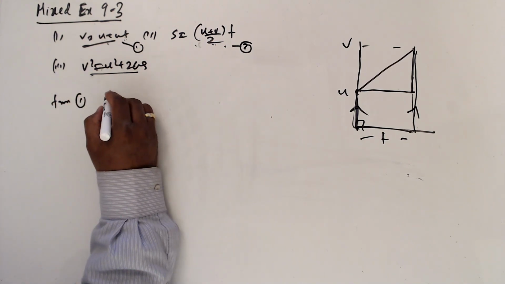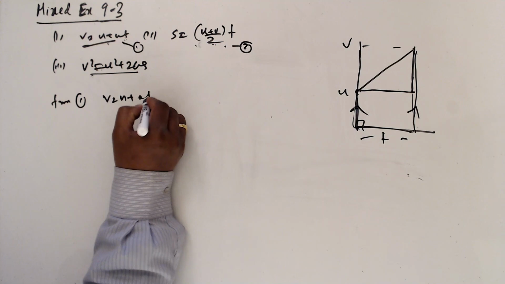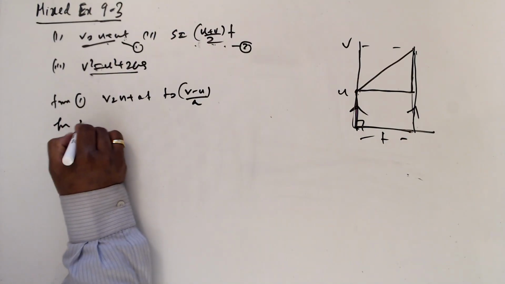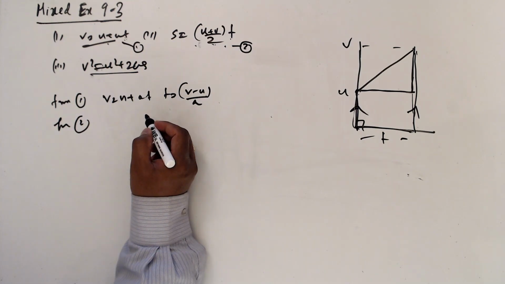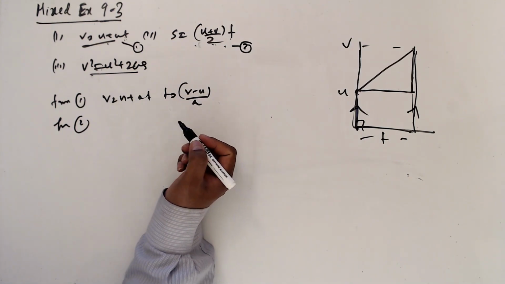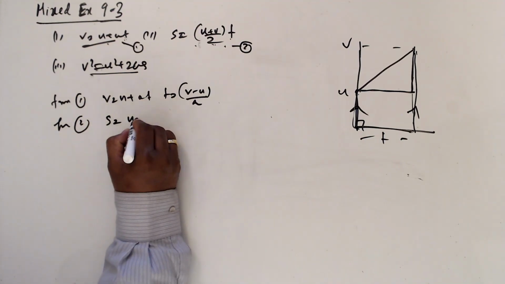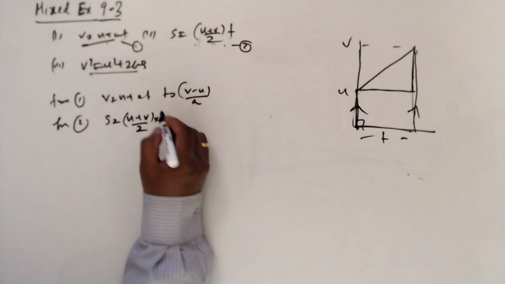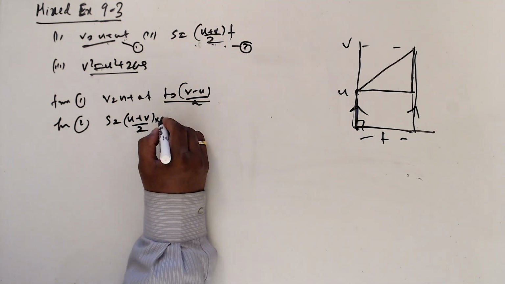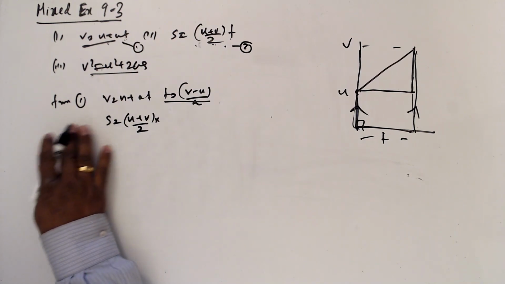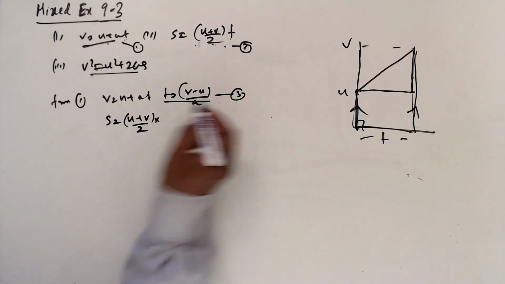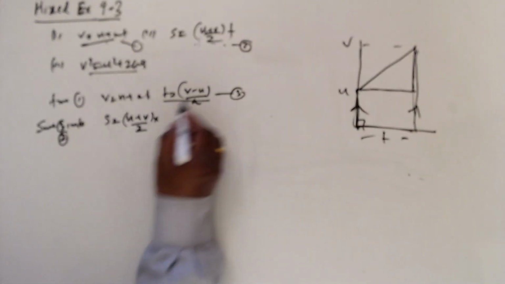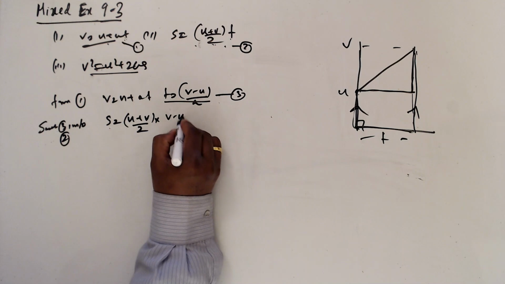From 1, V equals U plus AT, T equals V minus U over A. From 2, S equals U plus V over 2 times T. Now substitute 3 into 2.